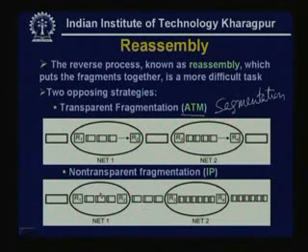On the other hand, in the case of the Internet Protocol or IP, non-transparent fragmentation is done. Here, as the packet passes through different networks, it is fragmented depending on the maximum size allowed within a network. For example, here the gateway where the packet has entered has fragmented the original frame into a number of frames, and the exit router does not do anything, so the fragments can exit through different paths.